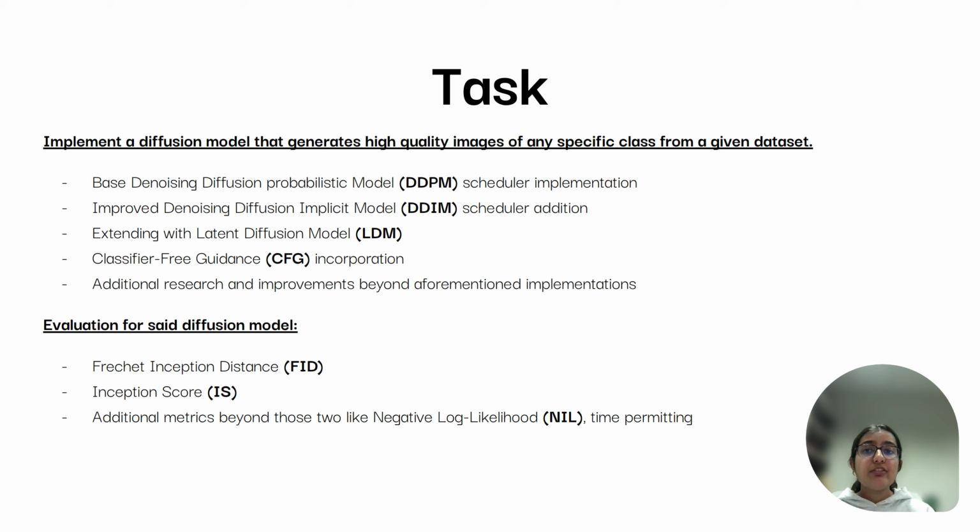And finally, there will be some additional research that we will be doing to improve the model beyond what we have previously mentioned. To evaluate our diffusion model, we will be reporting the FID, the inception score, and we are considering reporting additional metrics beyond this, such as the negative log likelihood.